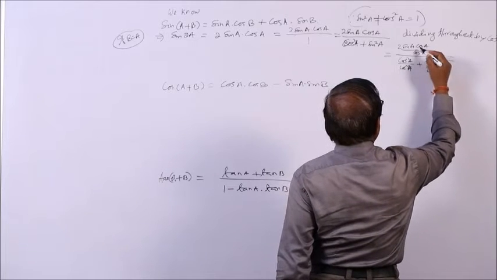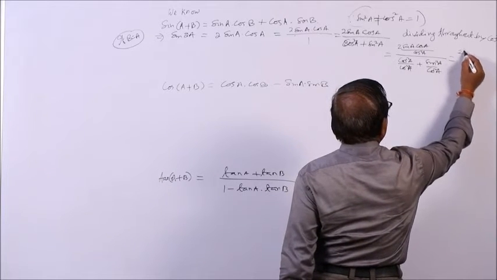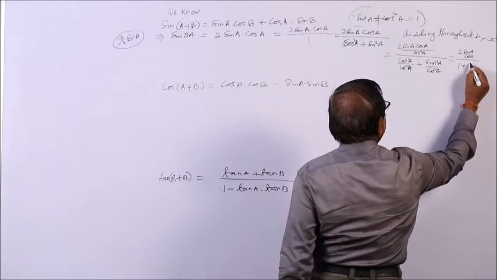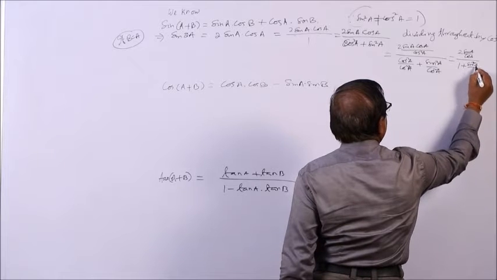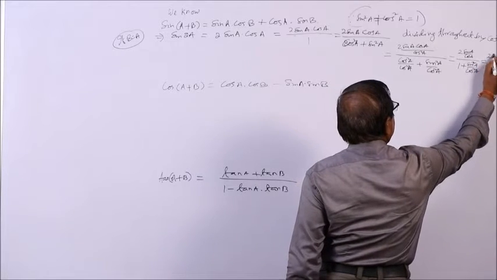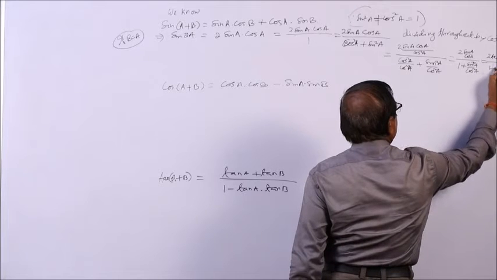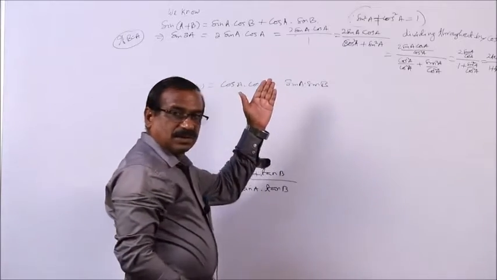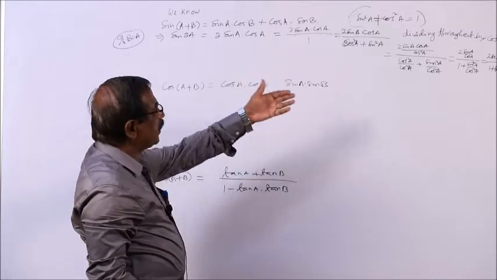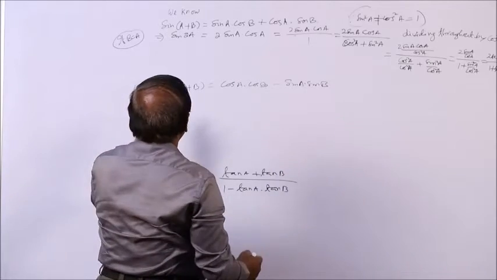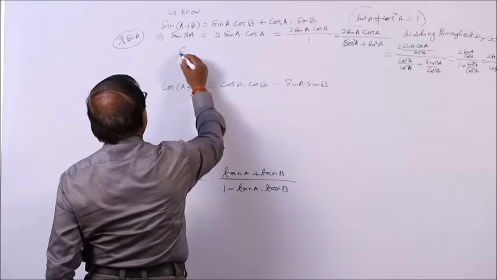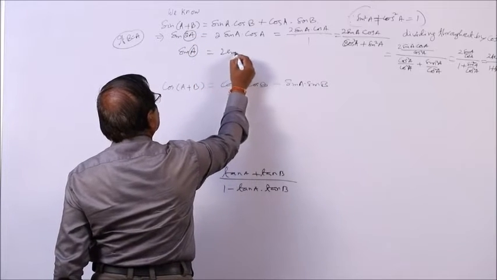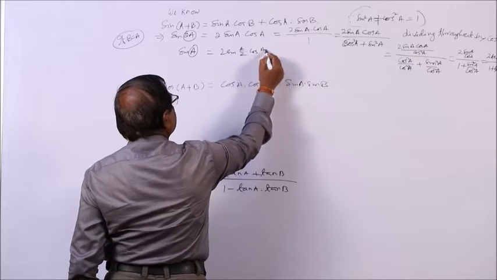Ultimately, one cos will go. So this will be 2 sin A by cos A, over 1 plus sin square A by cos square A, that is 2 tan A by 1 plus tan square A. Here we have derived the sin 2A formula in terms of tan A. If you are asked for the semi-angle also, suppose this 2A is reduced to A, so this will be 2 sin A/2 cos A/2.